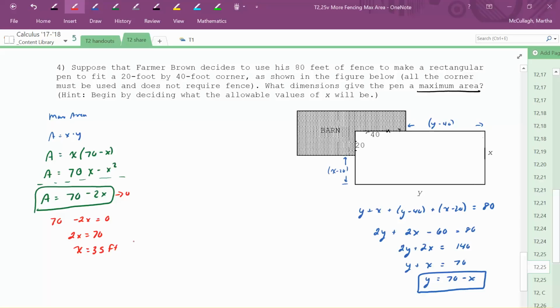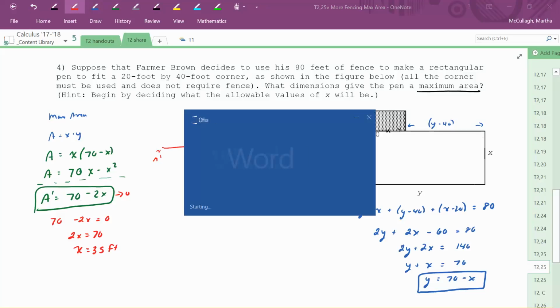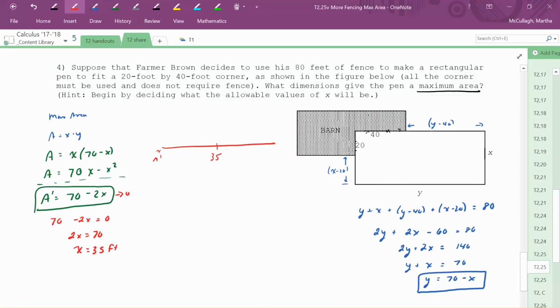Okay, so we make our sign chart with 35 feet. These are our x values for our A prime. And this is a linear equation going downhill. So we have positive, negative, maximum.